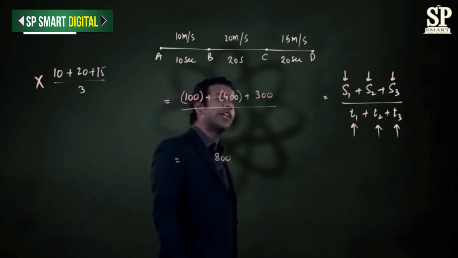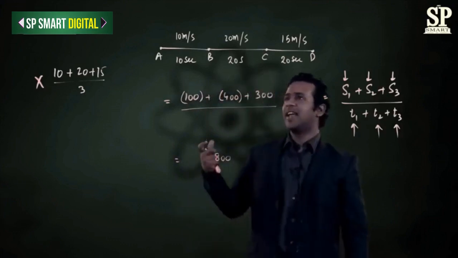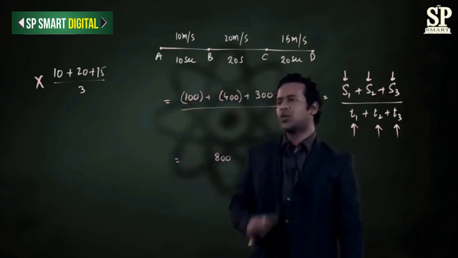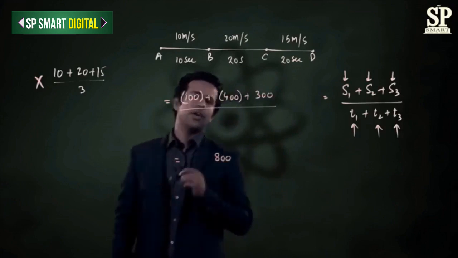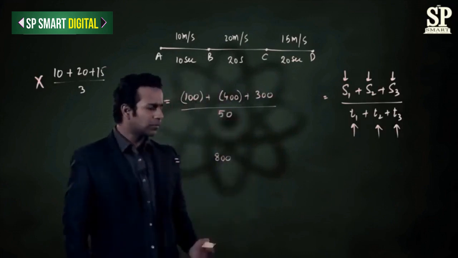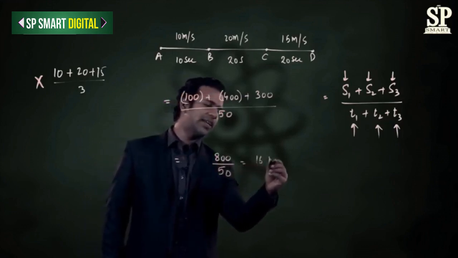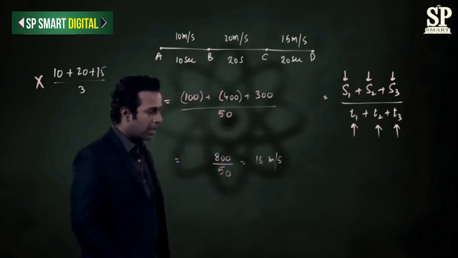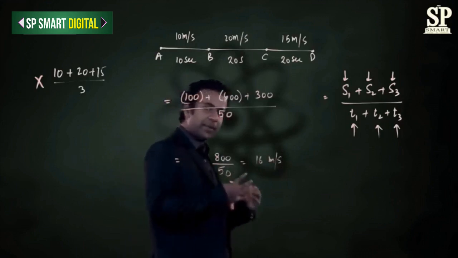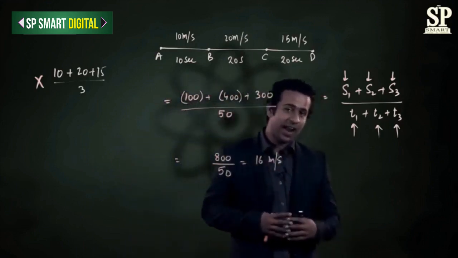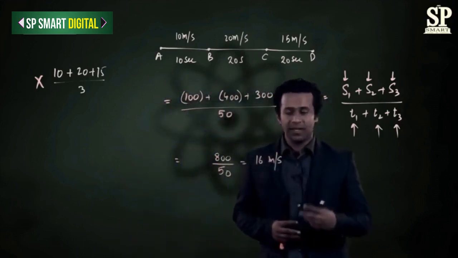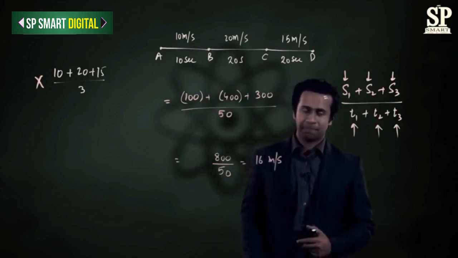Now let's focus on the denominator. You have 10 plus 20 plus 20, which basically gives you 50. So 800 divided by 50 gives you 16 meter per second. So the average speed, the average rate at which distance was being covered, is 16 meter per second.